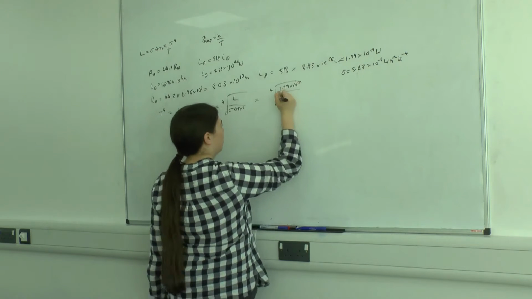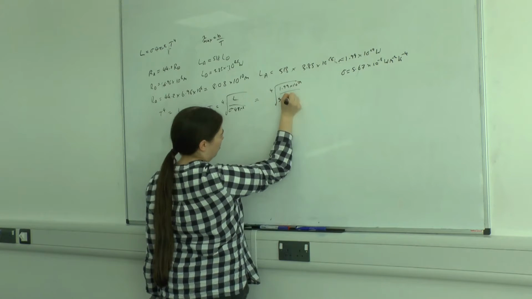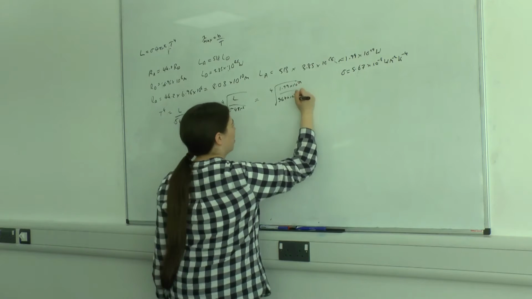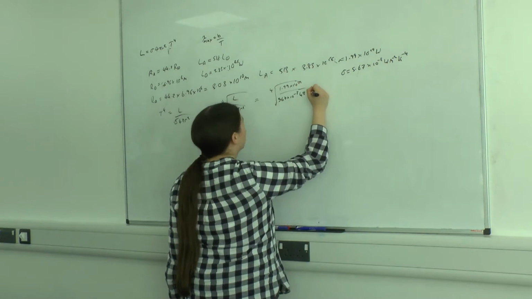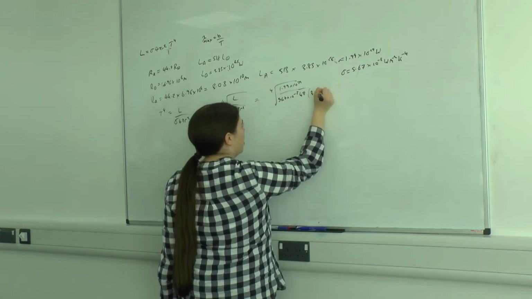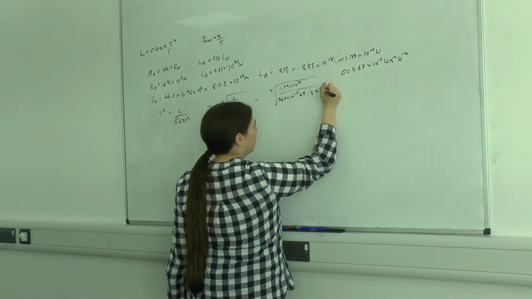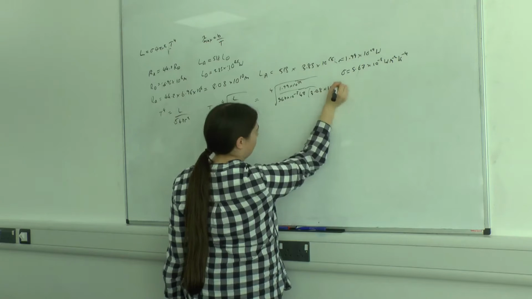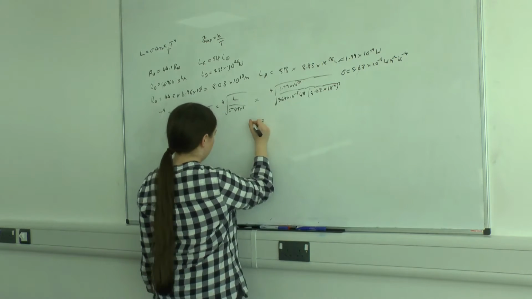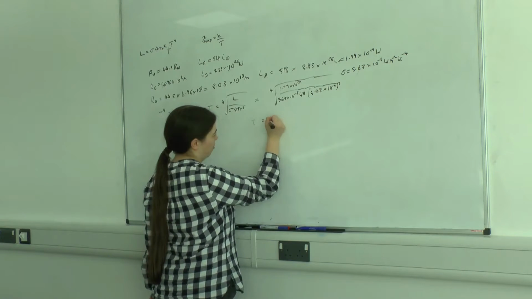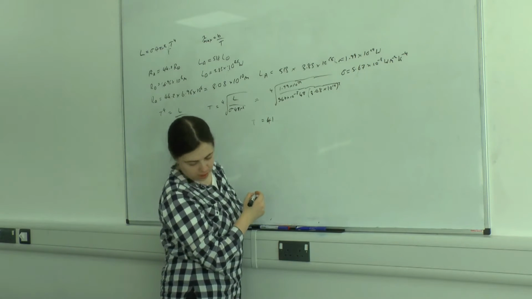So it's 1.99 times 10 to the 29 over 5.67 times 10 to the minus 8 times 4 pi times 3.08 times 10 to the 10 squared, and you get out 4,142 Kelvin.